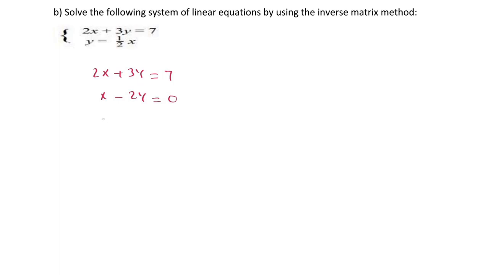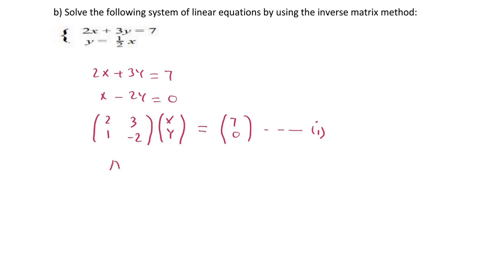Then we have the matrix [2, 3; 1, negative 2] times matrix [x; y] equals matrix [7; 0], and we call this equation number 1. Now let A equal the matrix [2, 3; 1, negative 2].